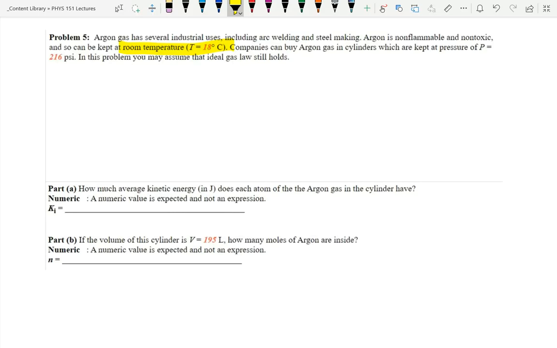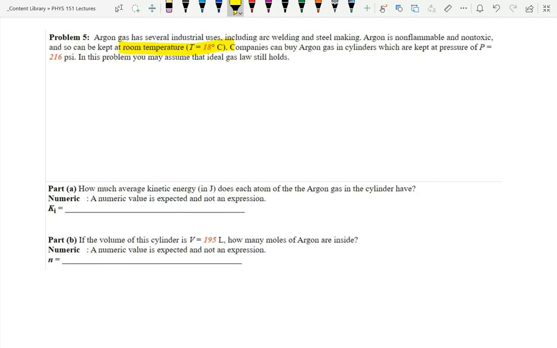Okay, moving on. In this problem, you may assume that the ideal gas law still holds. Remember, to be an ideal gas, you have to have a diffuse gas. And if you're holding it at 216 psi, that's what, 15 atmospheres?